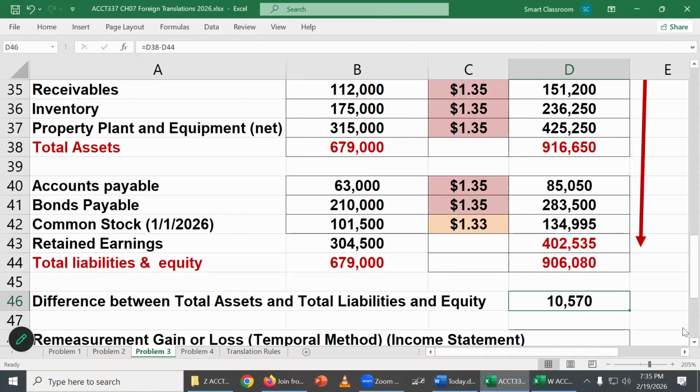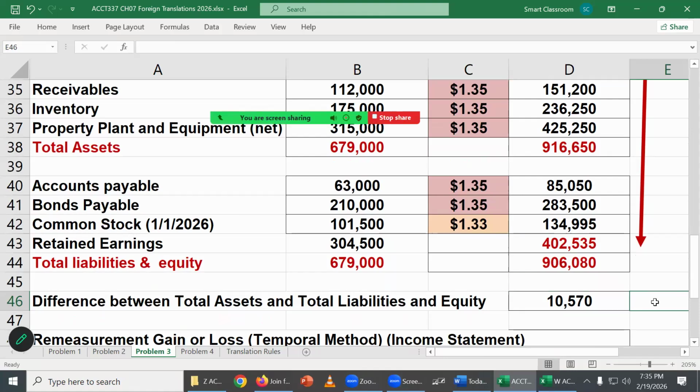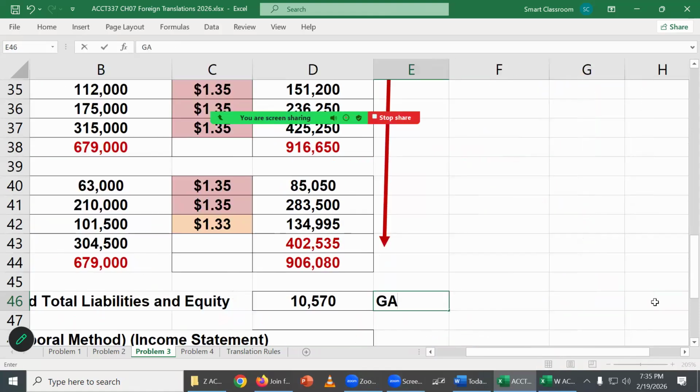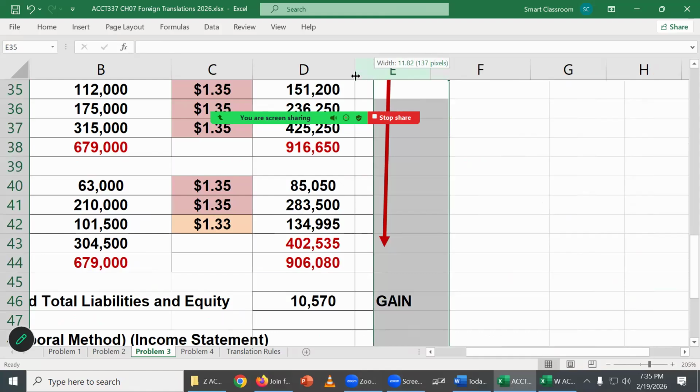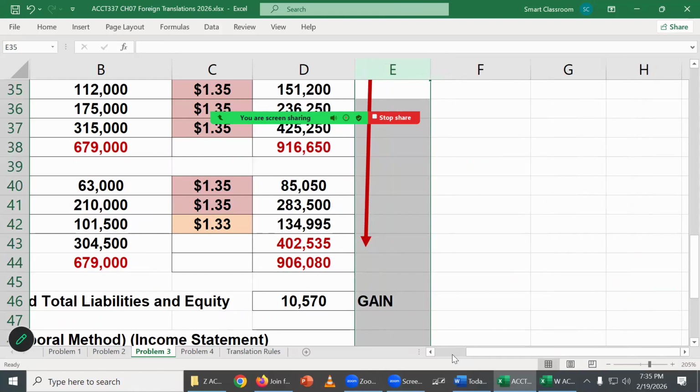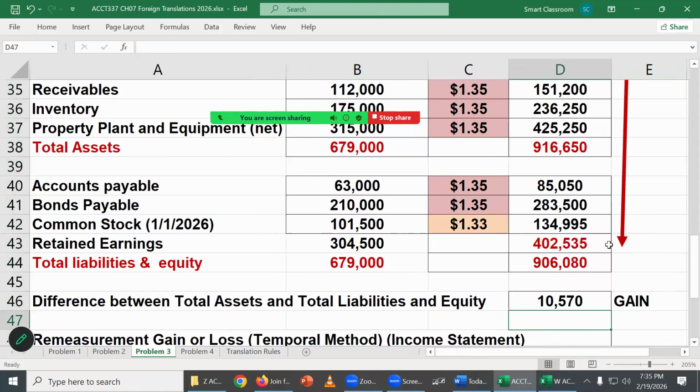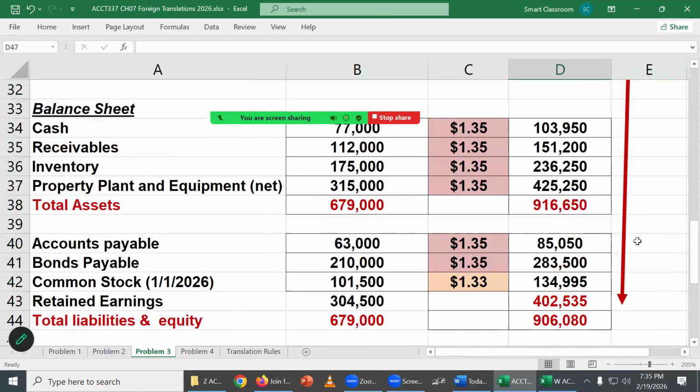Okay, so, gain or loss? Good, gain. So that'll be a gain. Hey, now these don't match up. Oh, they do.